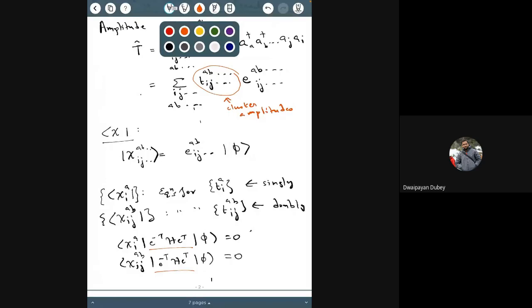So eventually what do we need? Eventually we need an expression which has the Hamiltonian integrals and the variables which are the cluster amplitudes. So those are the only things we know. We know the integrals of the Hamiltonian in the molecular orbital basis that we had generated from our Hartree-Fock calculation.